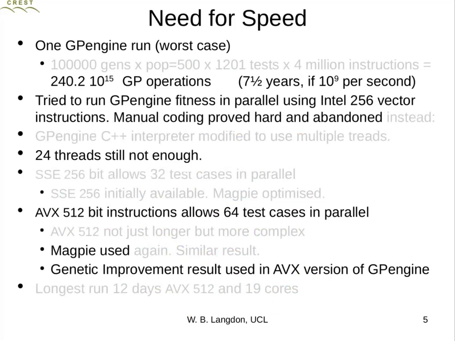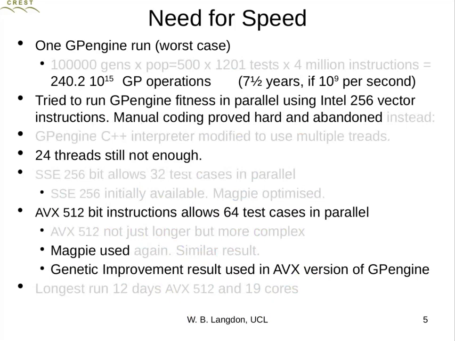After the GP engine experiments were concluded, the reviewers came back and said, no, we really want 100,000 generations in all cases. After that, we revisited the 256-bit experiments, and then AVX 512 became available.